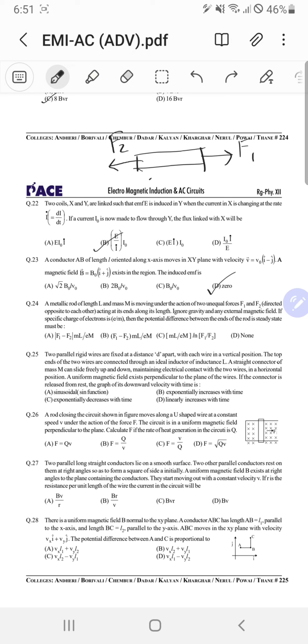So what do they mean by steady state? Maybe the distribution of charges over here stays constant. That distribution with respect to this rod, maybe that's what they mean. Okay, cool. Well, that makes sense.